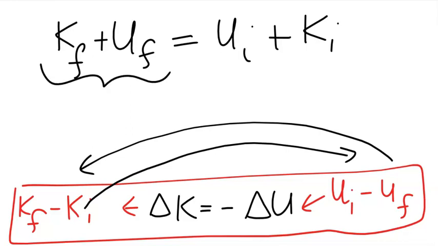So in a system that contains only two types of energy, namely kinetic and potential, K plus U is quite simply the energy of the system. So what this equation is saying is the final energy of the system equals the initial energy of the system. Or more accurately, the final mechanical energy of the system equals the initial mechanical energy of the system.